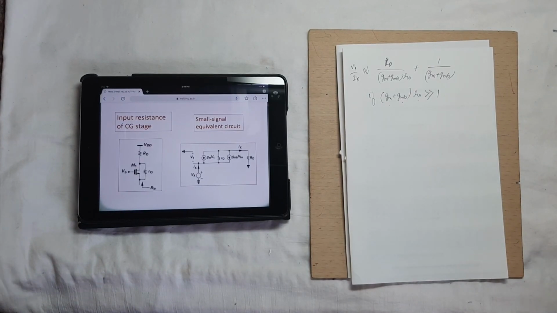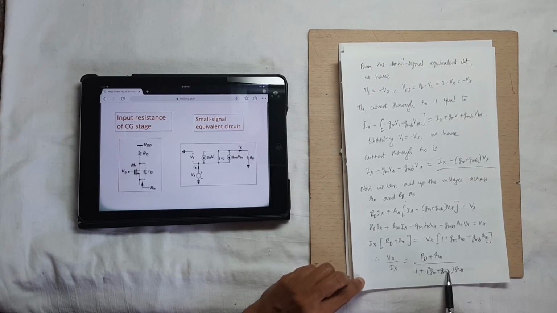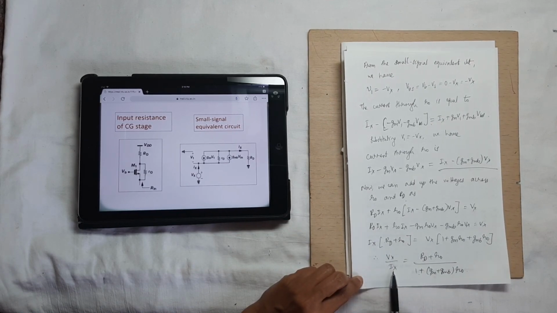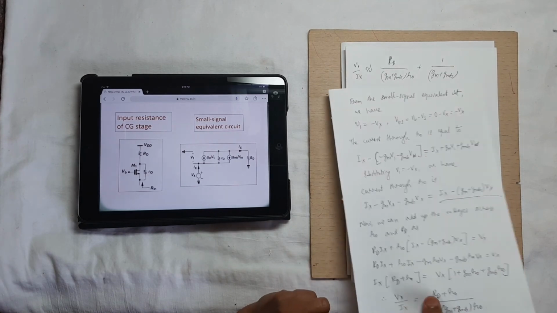This is the expression for the input resistance of the CG stage.